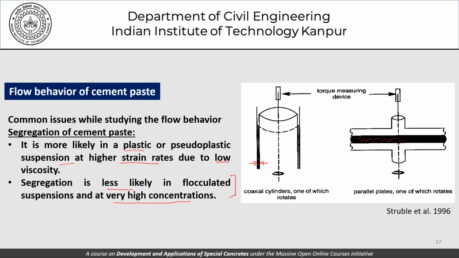Some of these things which are intuitively obvious is what we try to establish numerically, because that helps us understand a wider range of possibilities that exist as far as cement pastes are concerned. It's easy to understand the behavior with very low concentrations of cement particles and very high concentrations of cement particles, but we want to study the behavior in a practical range of water to powder ratios.